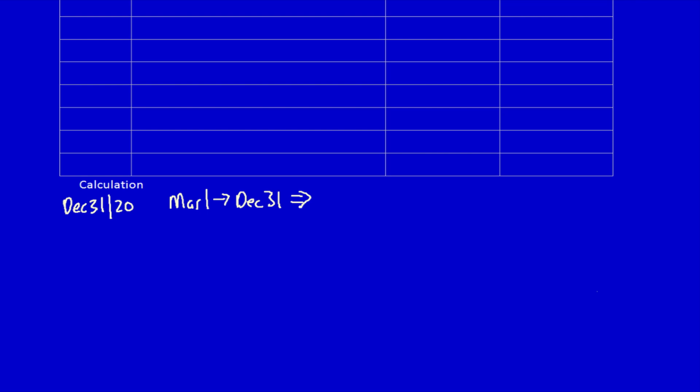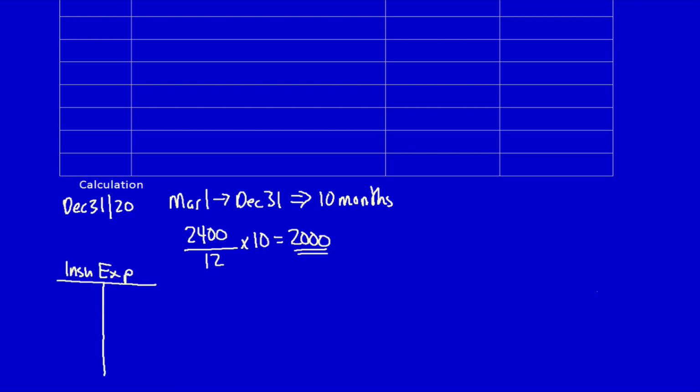For how many months? March, April, May, June, July, August, September, October, November, December, 10 months. So we're going to take the policy, $2,400. We're going to divide it by the 12 months of coverage. We're going to multiply it times the 10. How much was actually consumed? Well, $2,000 worth.